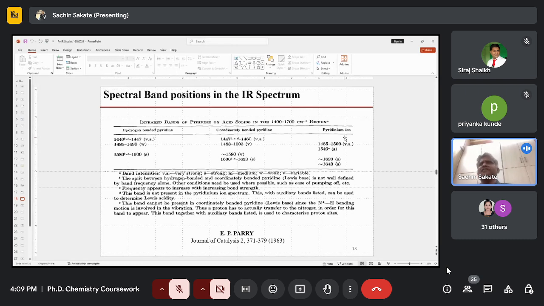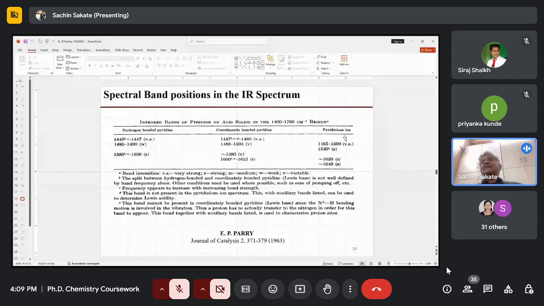A very characteristic peak of pyridinium ion, which is not found in hydrogen bonded and in coordinately bonded pyridine also. But it is observed only in the pyridinium ion, that is 1540. A strong band is observed, and which gives the idea that your material is Bronsted acidic in nature.